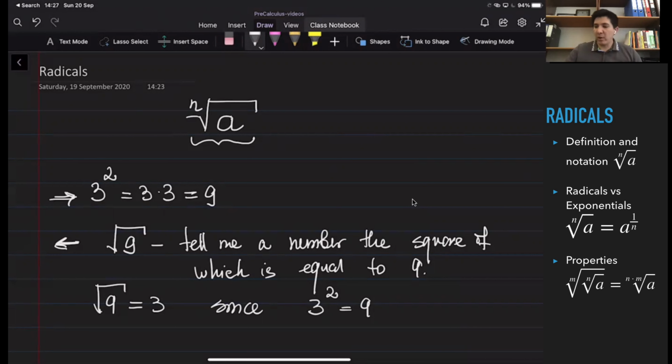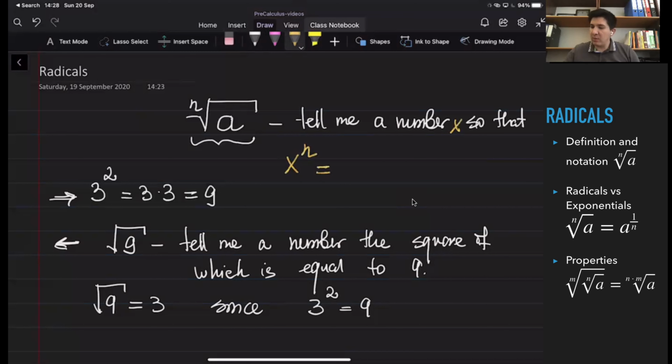And the question is again, if you would like to get rid of this radical, tell me a number x so that x to the power of n is equal to a. Okay, so this is the question.